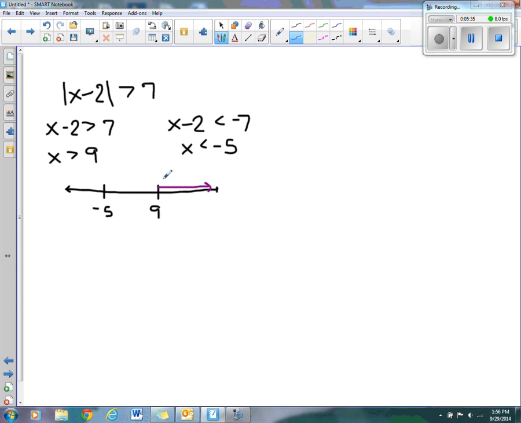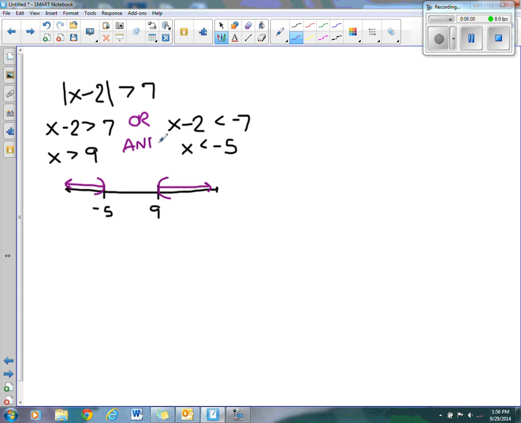Because it just says greater than and there's no equal to symbol, I'm going to put parentheses there to indicate that 9 is not part of my solution set. This statement here says x is less than negative 5, which goes to the left. The number's still not included, so I'm going to use parentheses there as well.